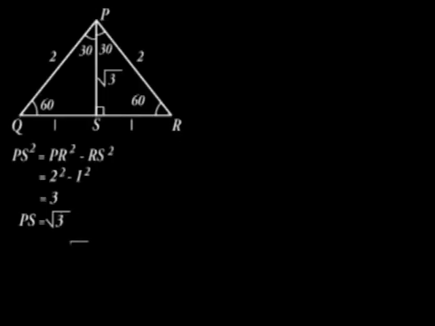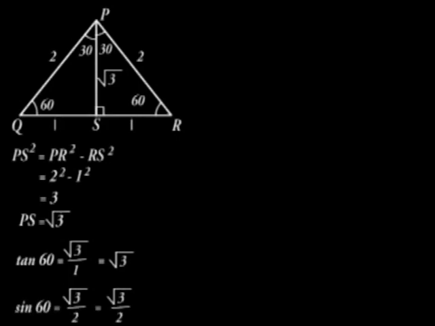Tan 60 degrees is equal to root 3 over 1, which is root 3. Sin 60 is root 3 over 2. Cos 60 is 1 over 2.